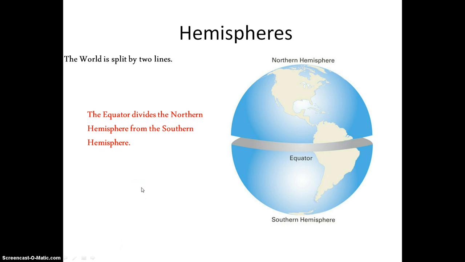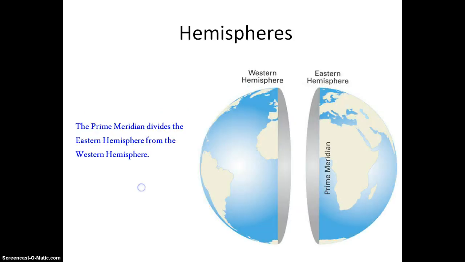So again, the world is split by two lines. The equator divides the northern hemisphere from the southern hemisphere. The prime meridian divides the eastern hemisphere from the western hemisphere.